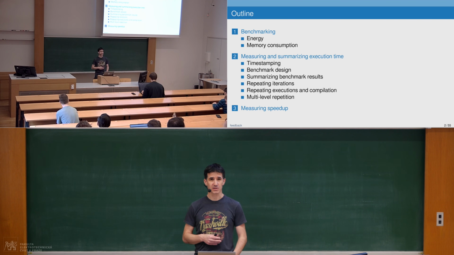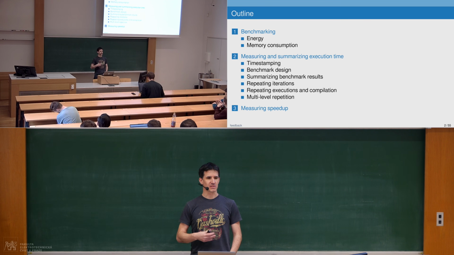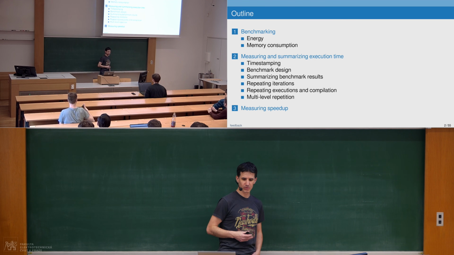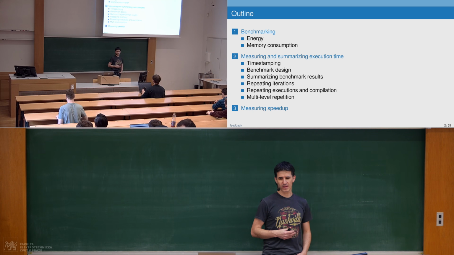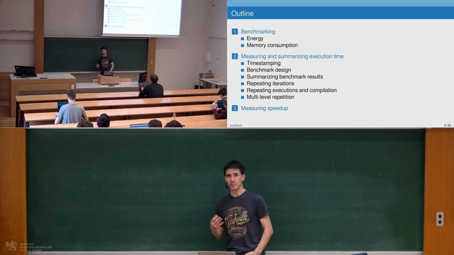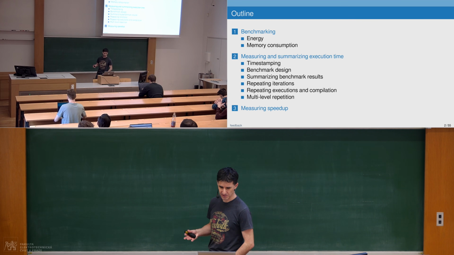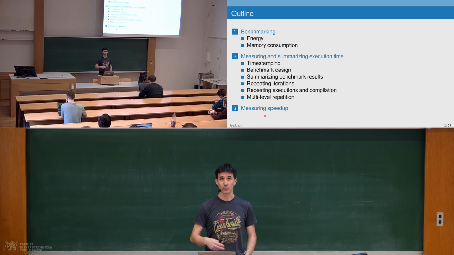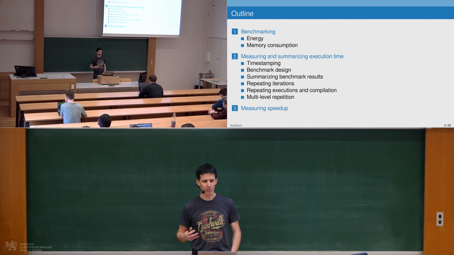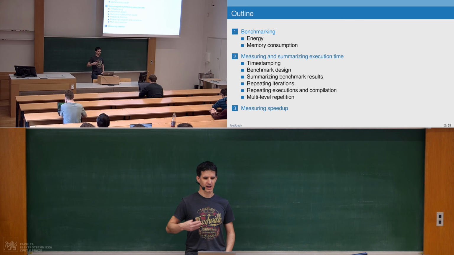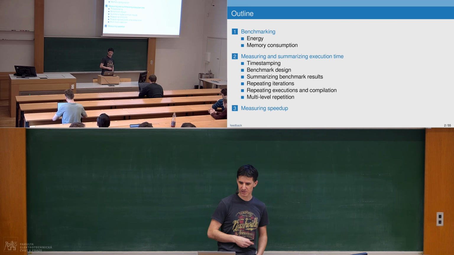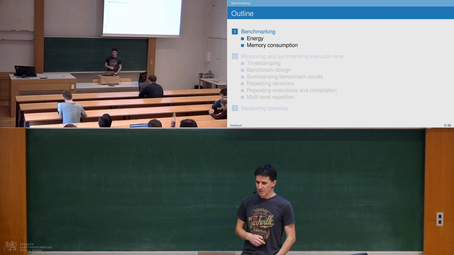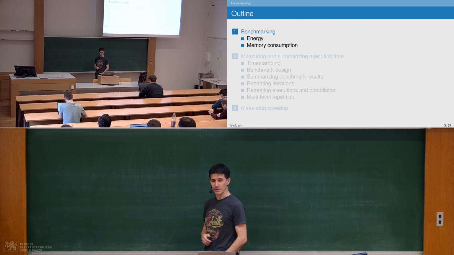Typically, we are interested in whether some change in our code resulted in some kind of speed up. We want to make our program faster, more efficient. So lastly, we will talk about how to actually measure and properly calculate speed up, so that we are really sure that our program is really faster. So let's start talking about benchmarking.